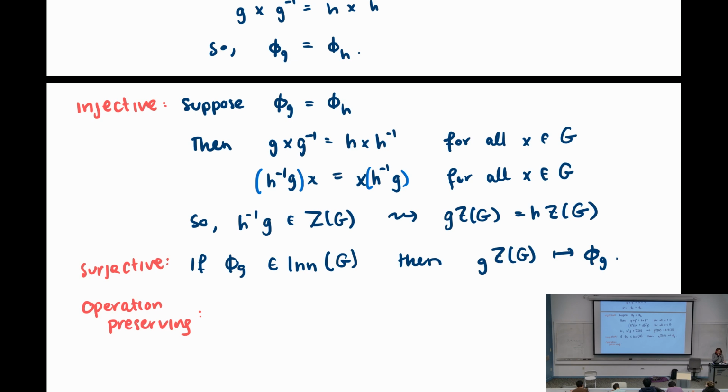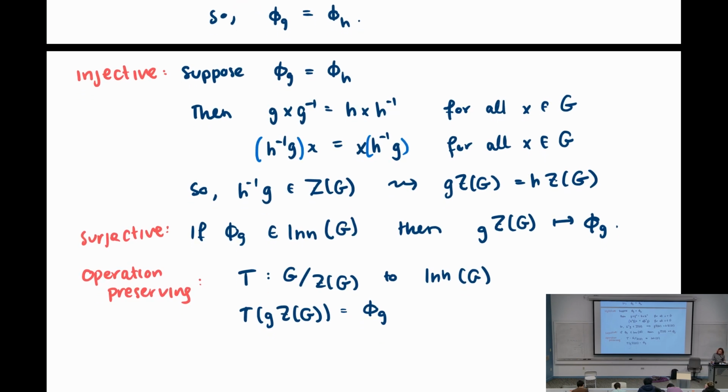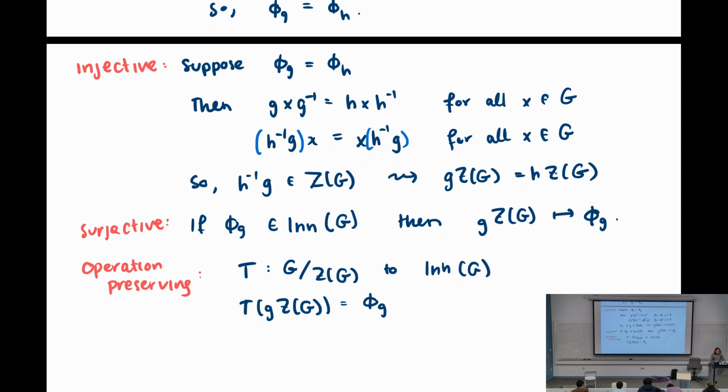Okay, so for that, I am going to make a name for the map. I'm going to say T is the map from G mod Z(G) to Inn(G), where T of gZ(G) is equal to phi g. Okay, so now my isomorphism has a name, and it is T. We need to see that when I apply this to the product of two elements, this is the same as individually applying T to those elements and then multiplying them.